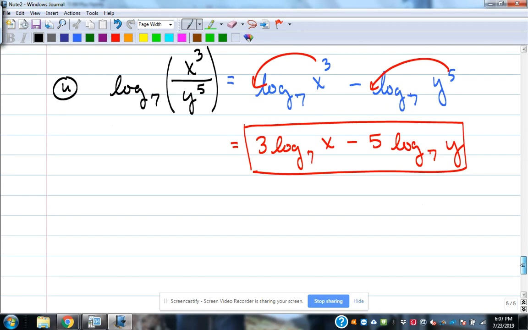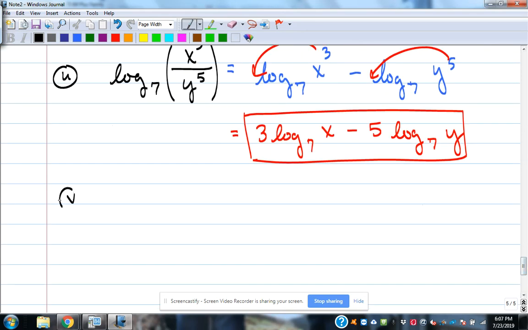Let's go a little tougher. Let's say we had log base 2 of x y squared over w to the 3rd z.